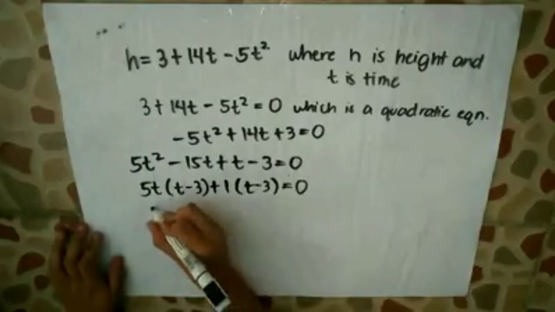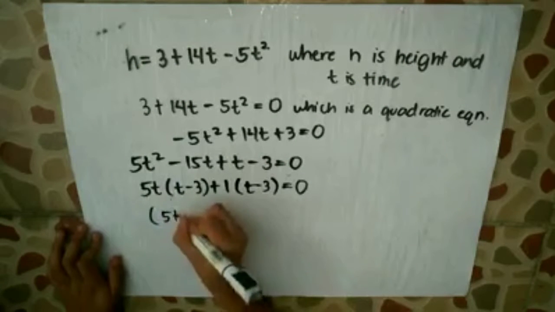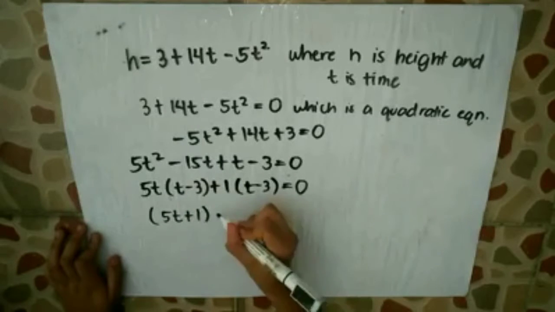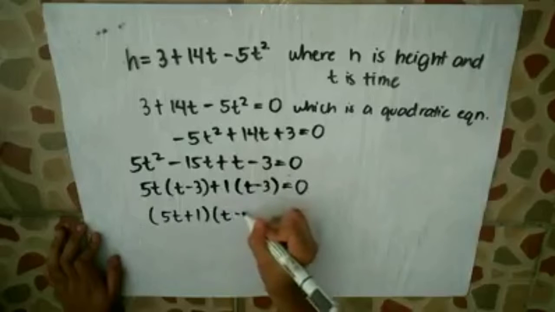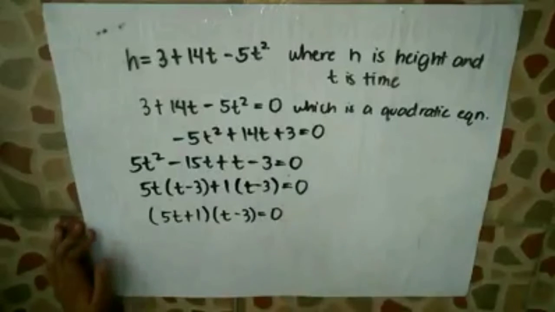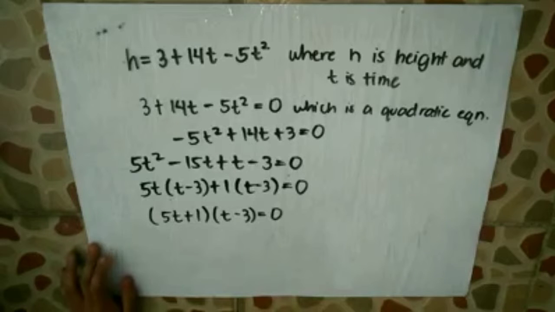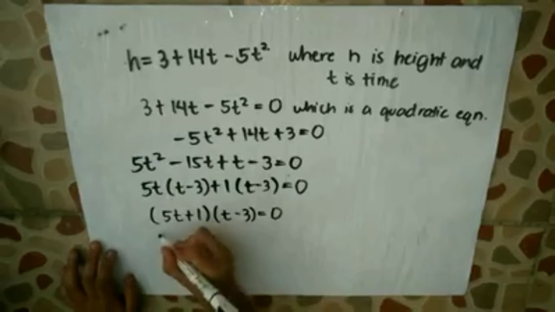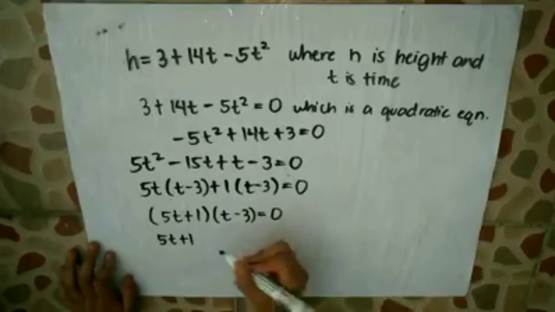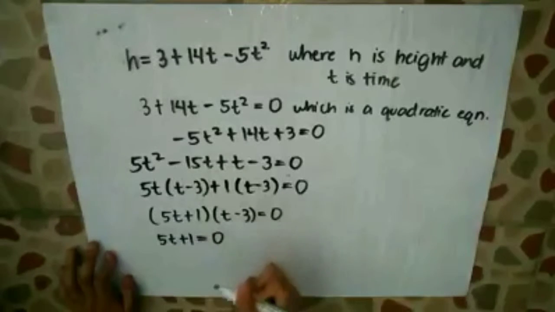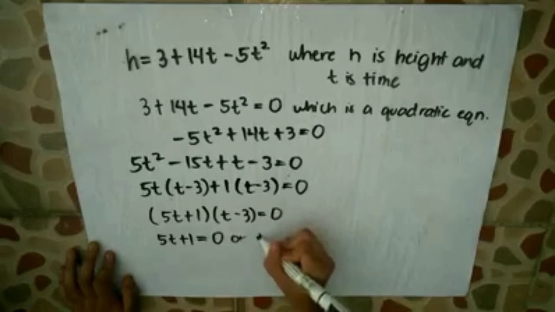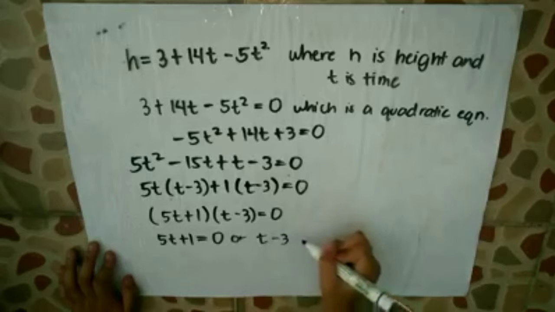The quantity 5t plus 1 times the quantity t minus 3 equals 0. And the two solutions are 5t plus 1 equals 0 or t minus 3 equals 0.